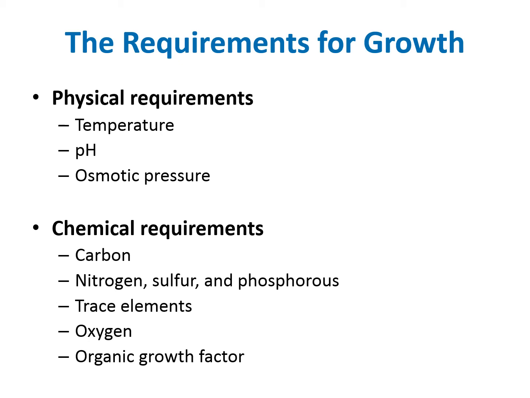Although there are over 100 different elements on the periodic table, it's important to know that really only a small fraction of them are important for sustaining the growth of microorganisms, and we want to consider just a handful of those elements in this recording.